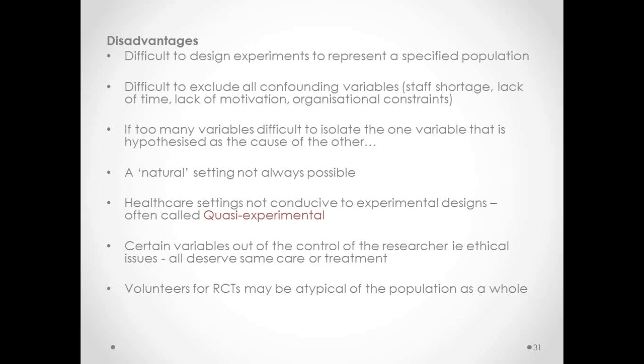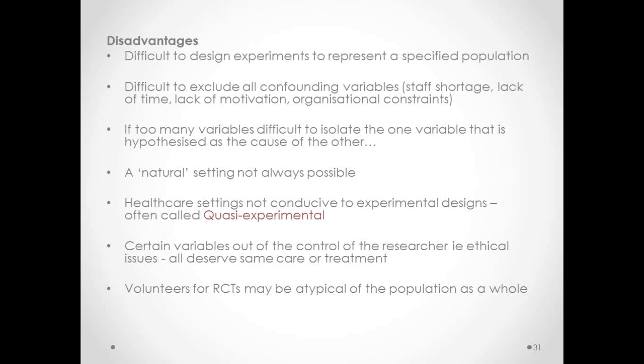And if there are too many variables, so if there are too many outside things that could influence the cause and effect, can we actually categorically say that it is this drug that's better, it is this treatment that is better? In a natural setting, this isn't always possible.